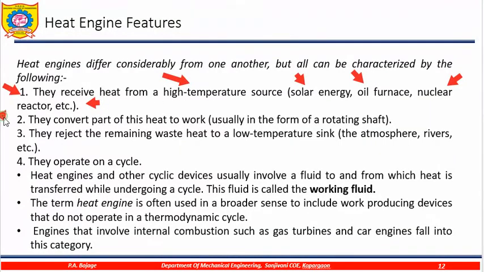Next, some part of the heat is converted into useful work done, that is the shaft work. Third, they reject the remaining waste heat to lower temperature heat sinks. It can be the atmosphere or a river. In case of thermal power plants it is a river, and in case of IC engines it is the atmosphere.